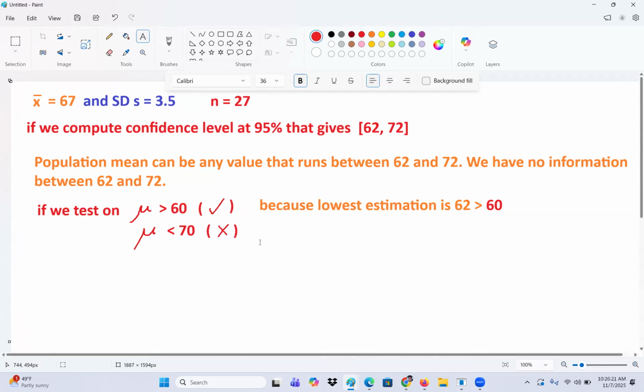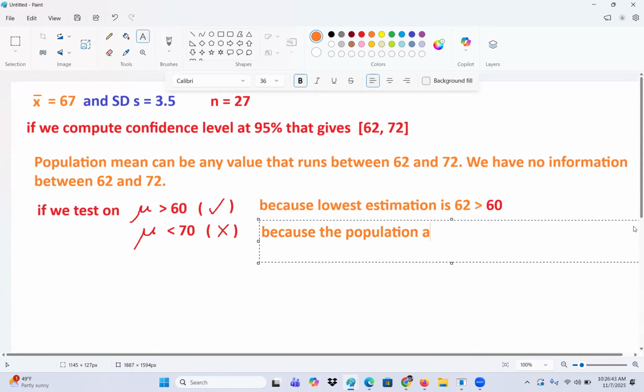Of course, the test power is going to be much lower compared to 62, 63, 64, 65, 66, 67, whatever it is, right? Because the population mean can be 71, 71.5, or 72, whatever. So we can't say anything because those values are greater than 70.